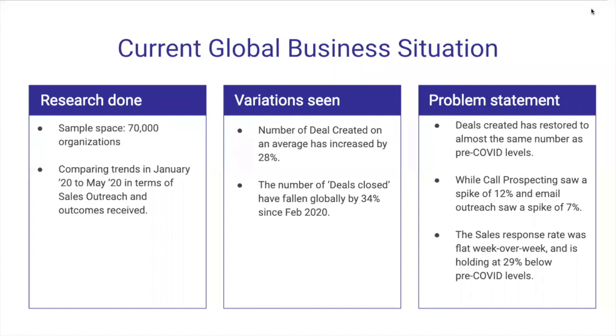That means that even when our efforts are increasing, even when we are trying to connect with more people, the closure numbers have been falling steadily, which is one of the biggest concerns. If you look at the trends I have to show further, you'll be very surprised, because deals created numbers have restored. The call prospecting and email prospecting numbers have spiked, but the sales response rate is still flat.